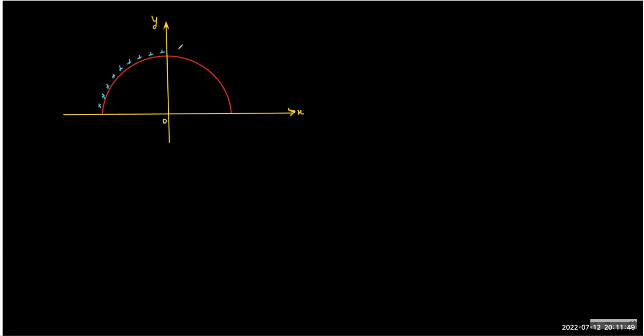Let's say, just for the sake of change, the half of the ring is positively charged and the other half is negatively charged. The lambda is the same, so the value is not different, only the sign is different. And now again, I would like to find the electric field at O.